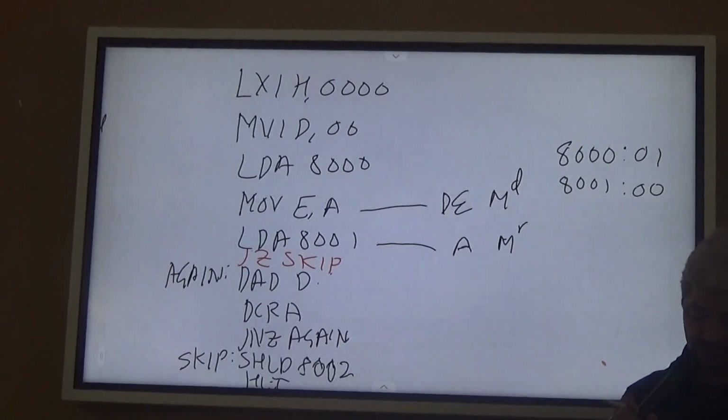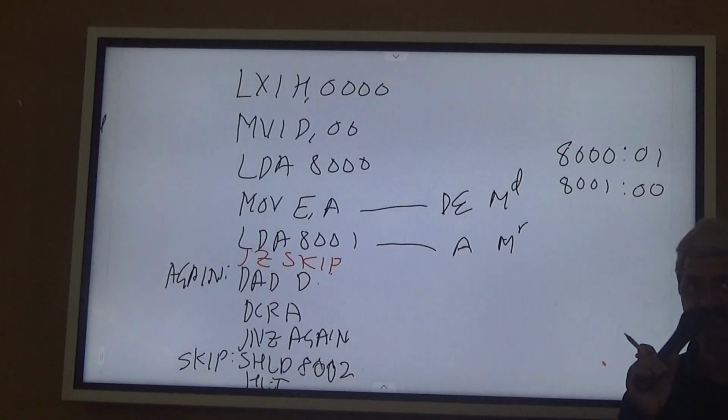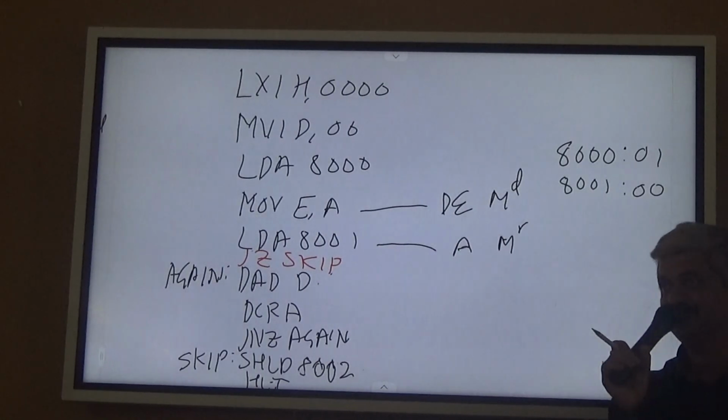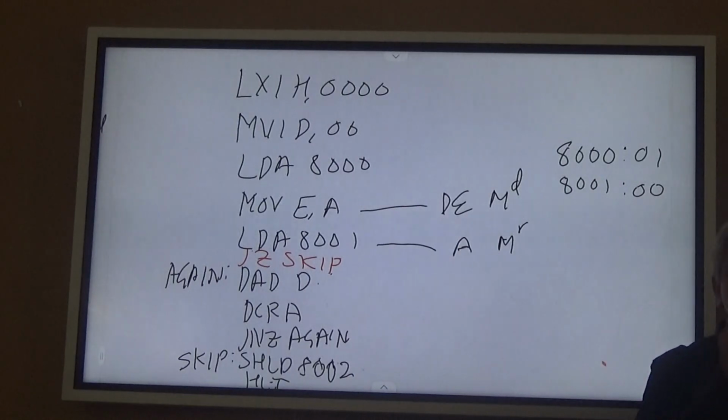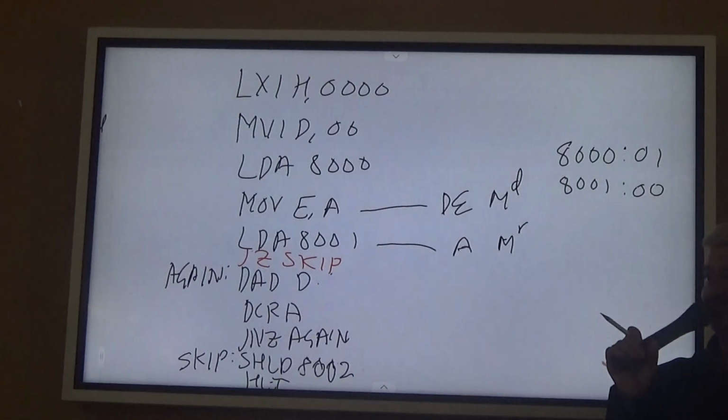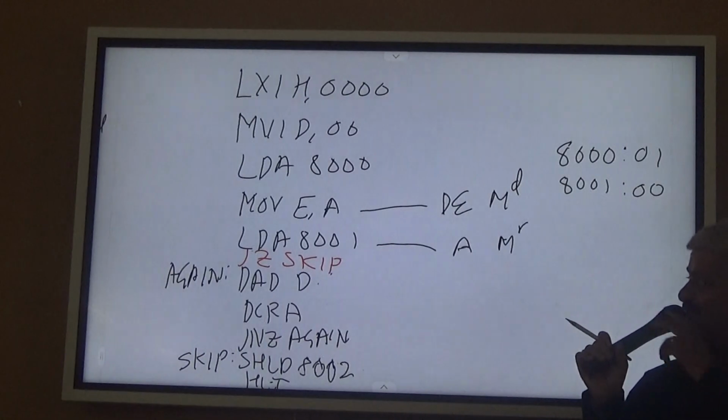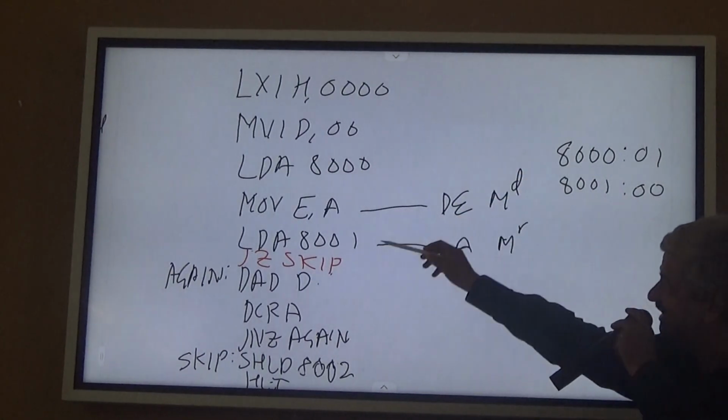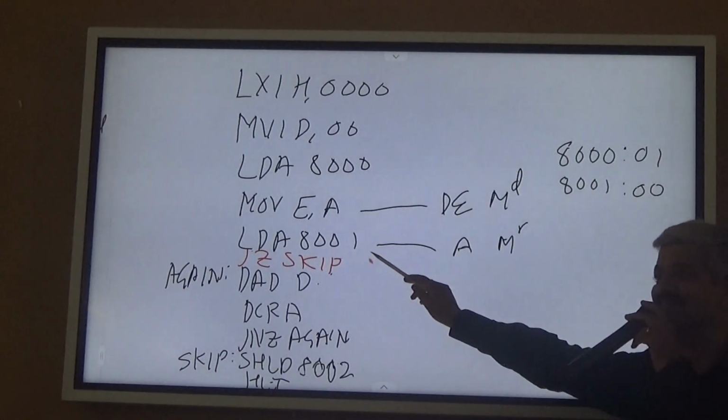What was the problem? Regarding the flags, in some different context, I made a statement a short while ago. What is that? Data transfer instructions don't affect the flags. So right from the beginning till now, all are data transfer instructions.